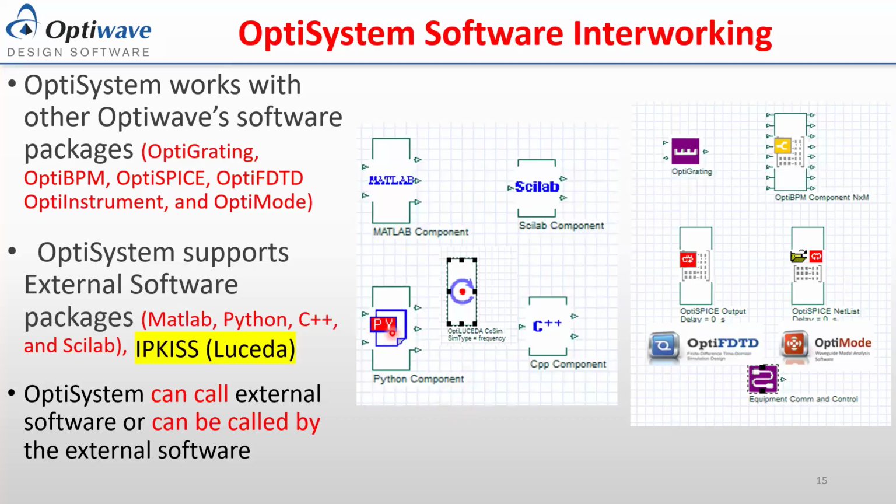Now, OptiSystem can be called from Python or MATLAB or other software externally, or can call this software from OptiSystem. So you have two ways of communication between OptiSystem and this software: either we call it from OptiSystem, or we call OptiSystem from these software packages.